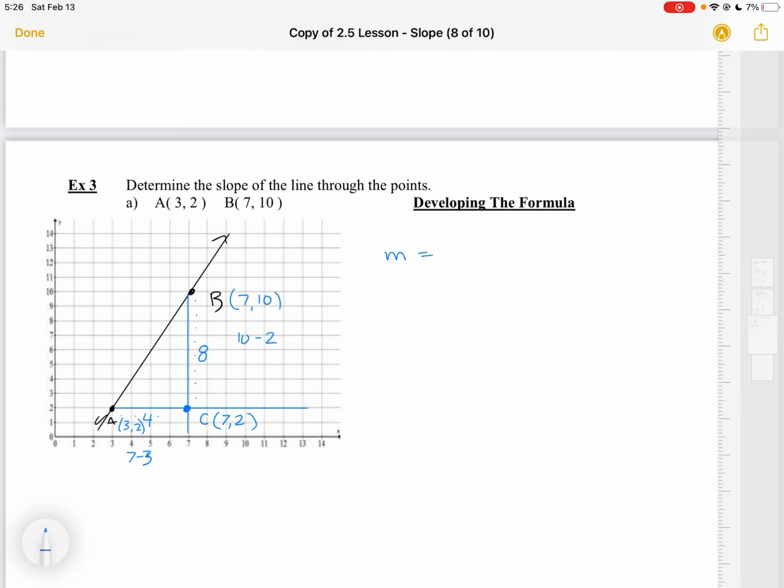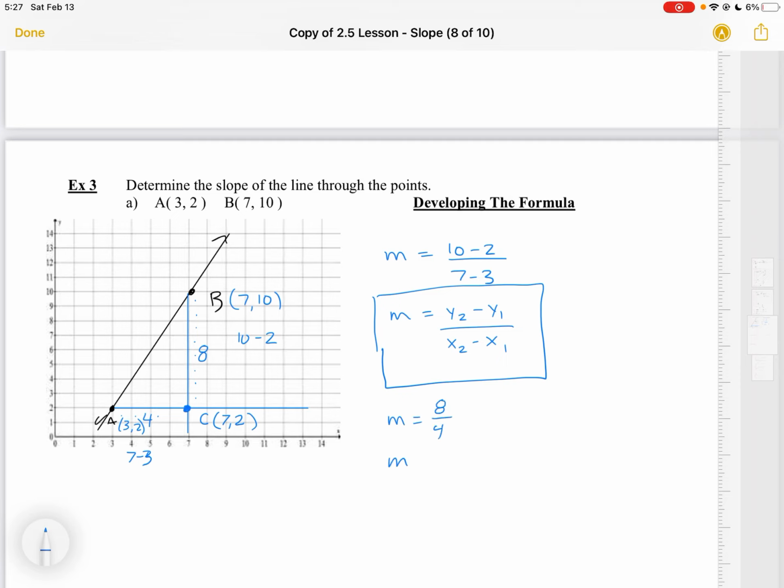So that allows me to say, so this is what I have here, but I can relabel that as y2 minus y1, the difference between my y coordinates, over x2 minus x1, the difference between my x coordinates. So my slope of the line is going to be 8 over 4, which is 2.